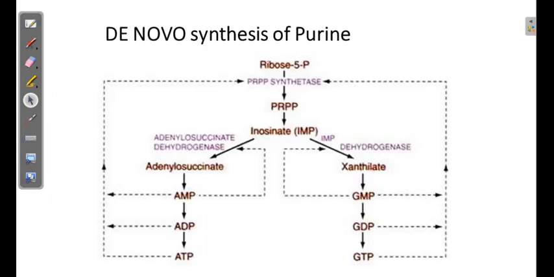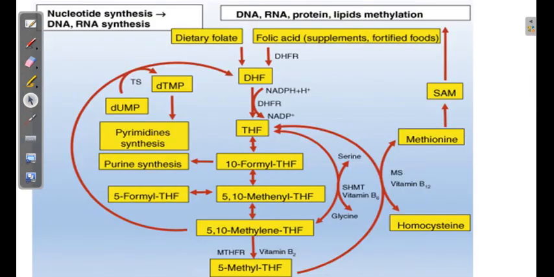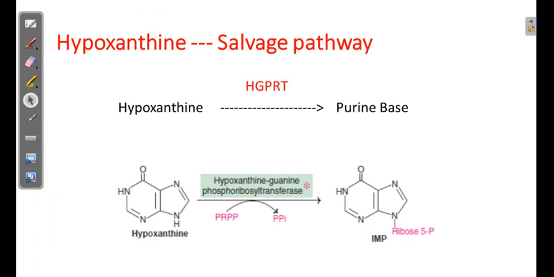So let us see an example. When this de novo synthesis is not working, and suppose a cell has to make a purine nitrogen base, what can it do? It can take hypoxanthine, which is one of the food supplements. When this hypoxanthine reacts with the enzyme hypoxanthine guanine phosphoribosyl transferase, it is converted into inosine monophosphate.